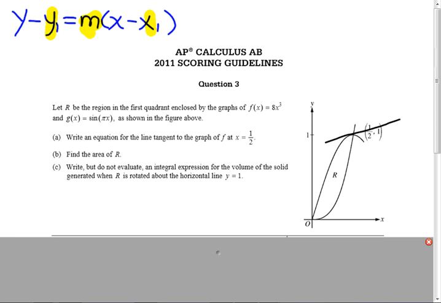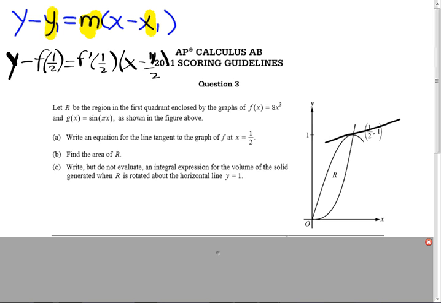It's y minus f of 1/2 equals the slope, which is f prime of 1/2, times x minus 1/2.